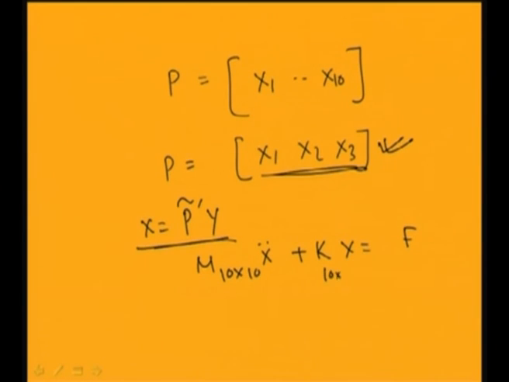So now I can write M, 10 by 10, times P, the weighted modal matrix, which contains 10 rows but 3 columns, y double dot, plus K, 10 by 10, times P, the weighted modal matrix, 10 by 3, y equal to f.